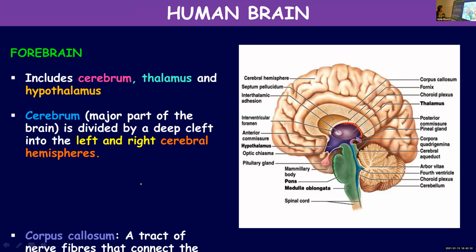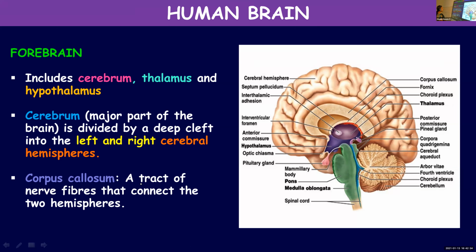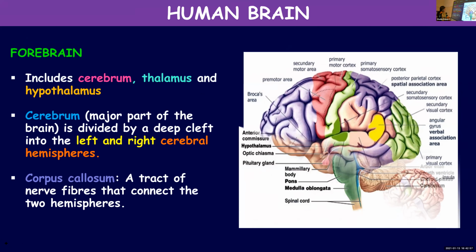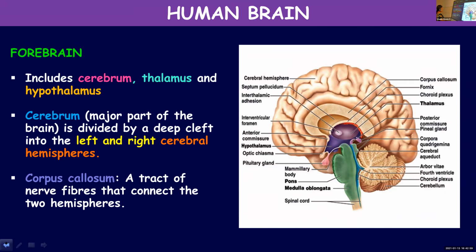Then moving on to the next point, corpus callosum. I told you that right and left hemispheres are separated by means of a cleft. At the same time, these two hemispheres are kept connected with the help of a structure known as corpus callosum.